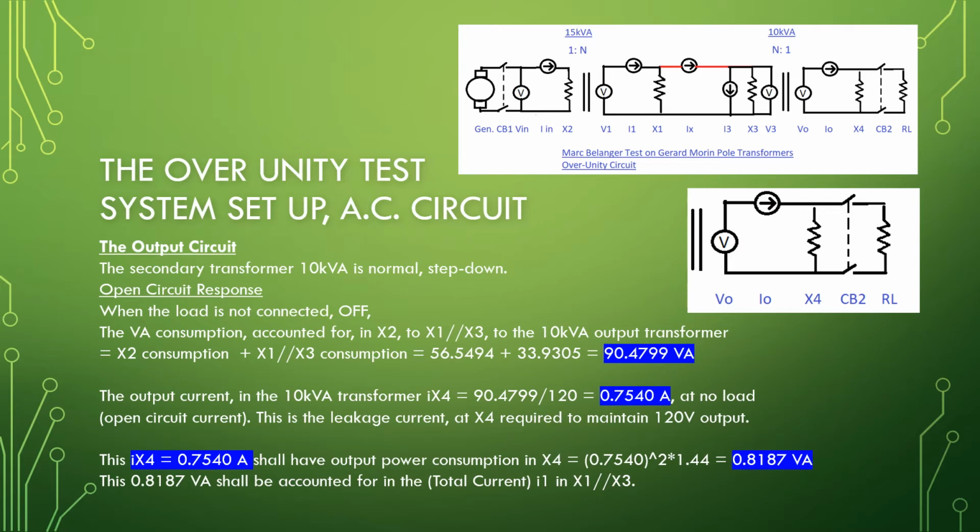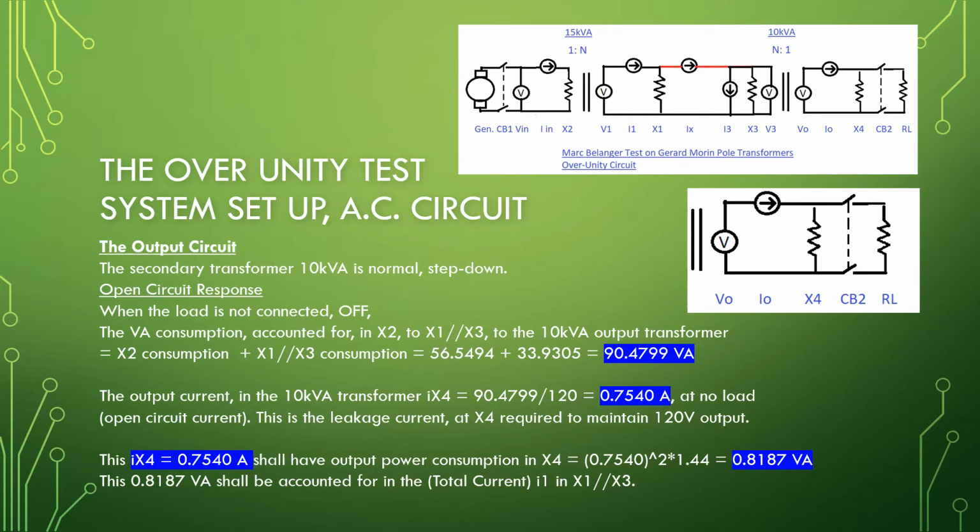When the load is not connected, the VA consumption accounted for in X2 and X1 parallel X3 to the 10 kVA output transformer equals X2 consumption plus X1 parallel X3 consumption equals 56.5494 plus 33.9305 equals 90.4799 VA.